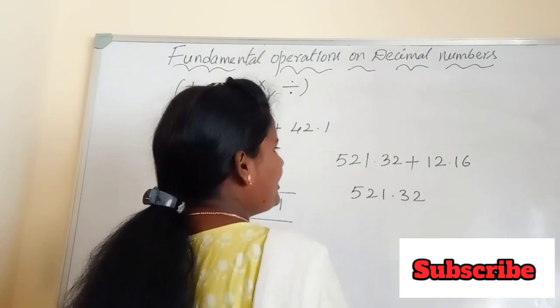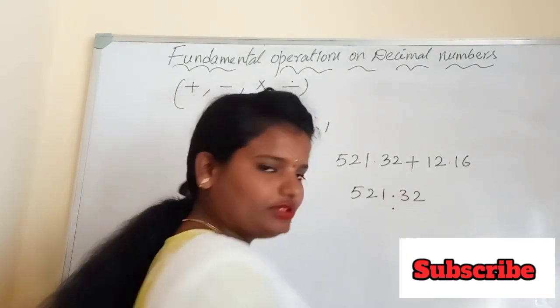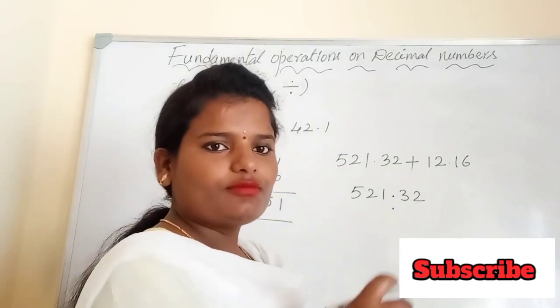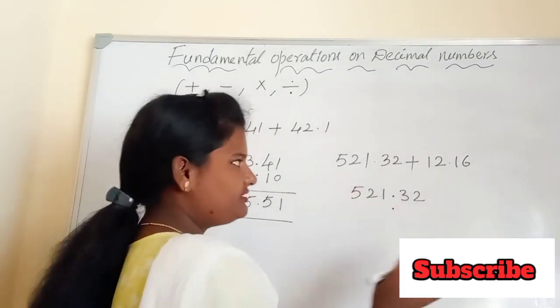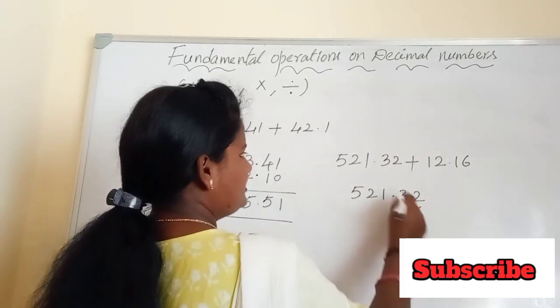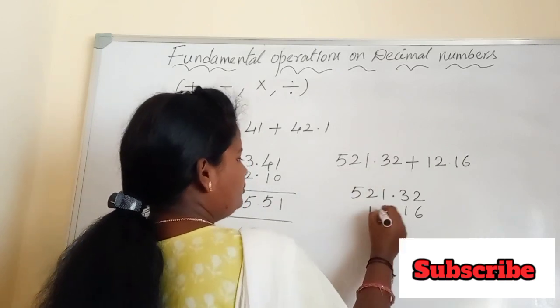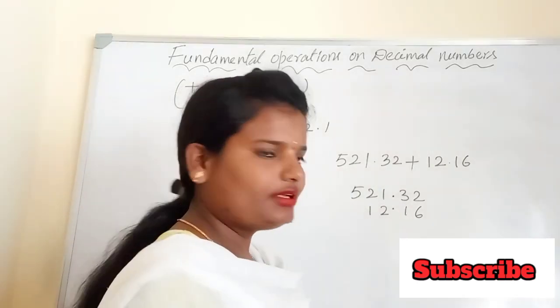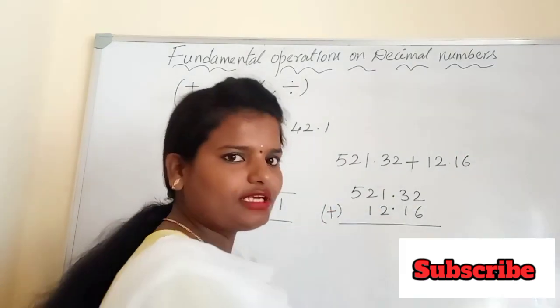Point below the point only we should write. Here both the points are in the same place, right? Now 1 6, so 1 6. Now here 12, so 12 we have to write. Understood? Now what are we doing? Addition, normal addition only.